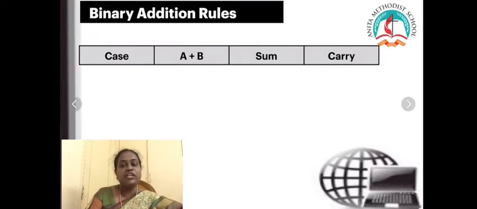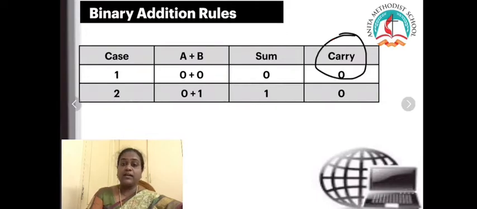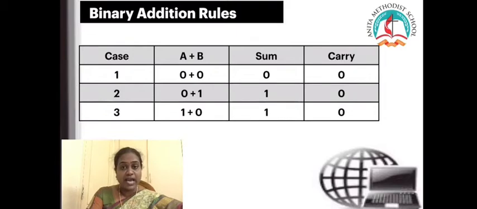If I'm going to add 0 plus 0, then the sum will be 0 and the carry will be 0. Second case, if I am going to add 0 plus 1, then my sum will be 1 and my carry will be 0. Third case, if I am going to add 1 plus 0, then my sum will be 1 and carry will be 0.